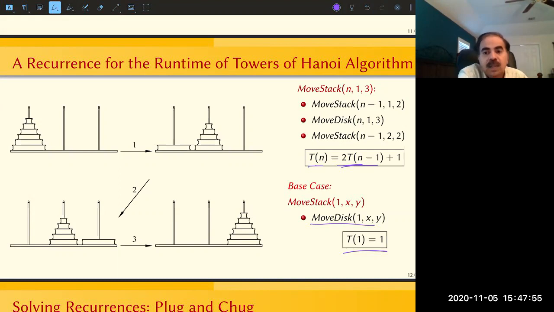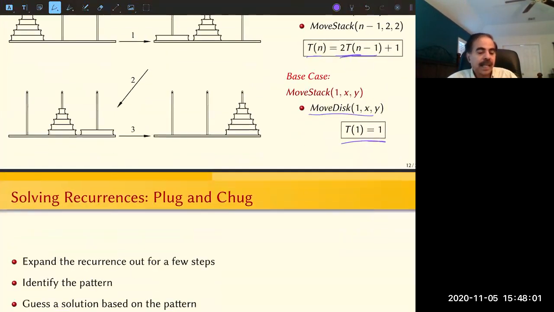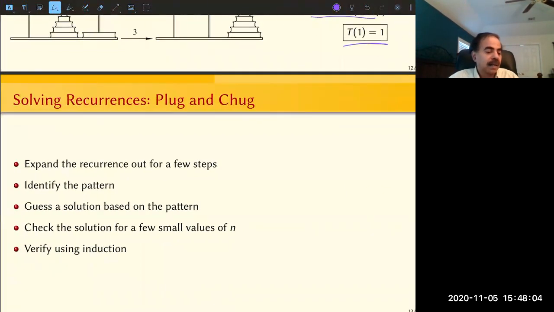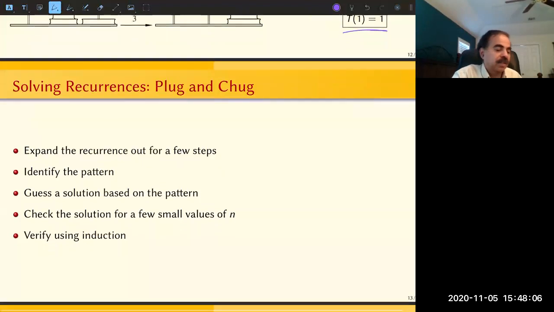So we want to find a solution to these equations that will tell us exactly how long it runs. There are several techniques for solving recurrences, and we will explore them one by one.